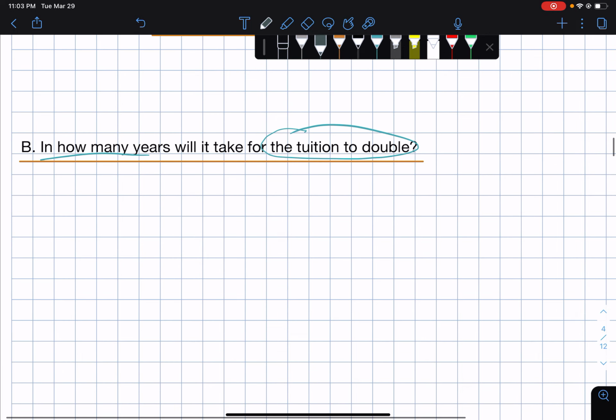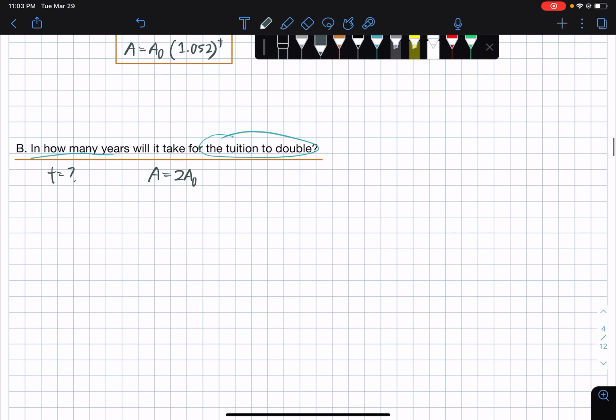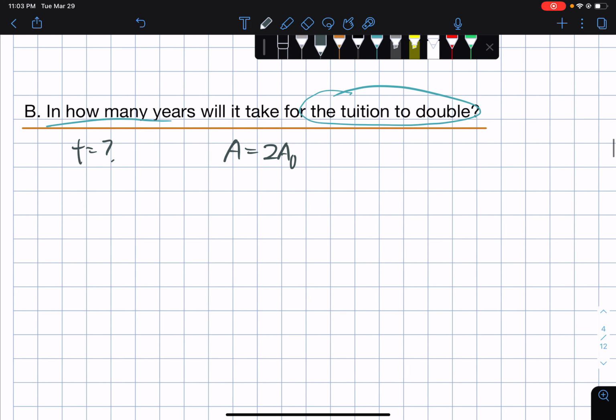And how many years will it take for the tuition to double? So what's being asked is t. For the tuition to double, that means A would be twice the AO, or the initial tuition fee.